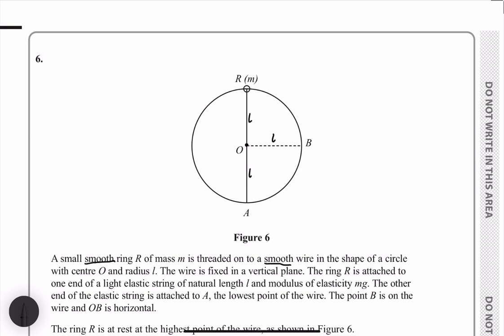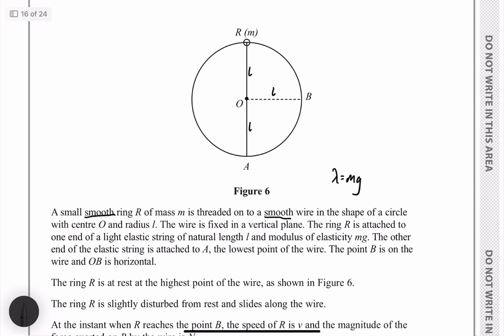The ring R is attached to one end of a light elastic string of natural length L. So in its current position, the extension is also L from A up to where the ring is at the top of the circle. And modulus of elasticity mg. The other end of the elastic string is attached to A, the lowest point on the wire. The point B is on the wire and OB is horizontal.